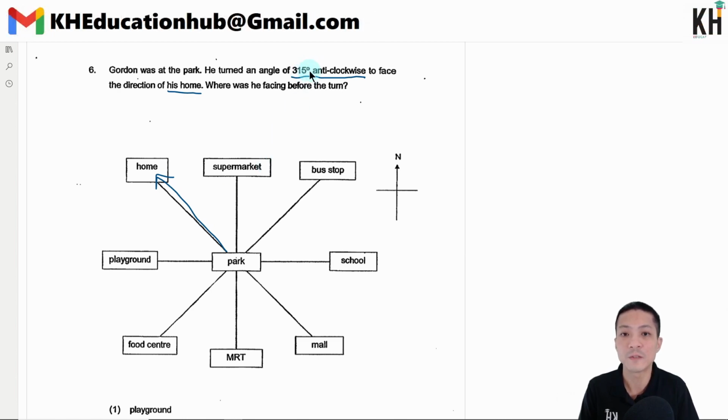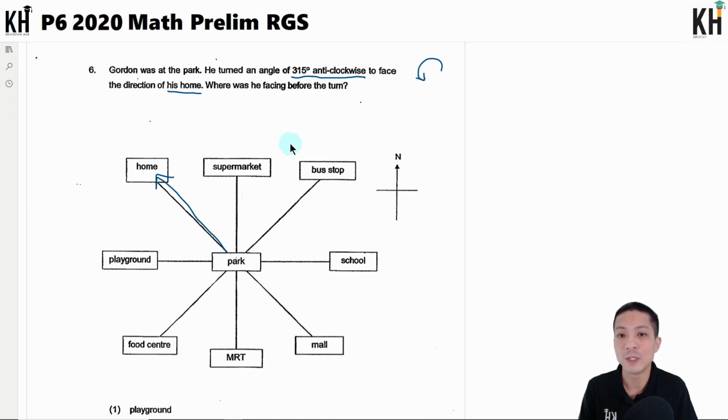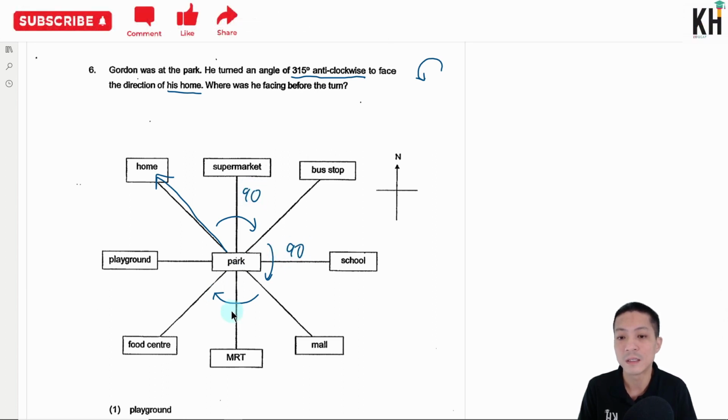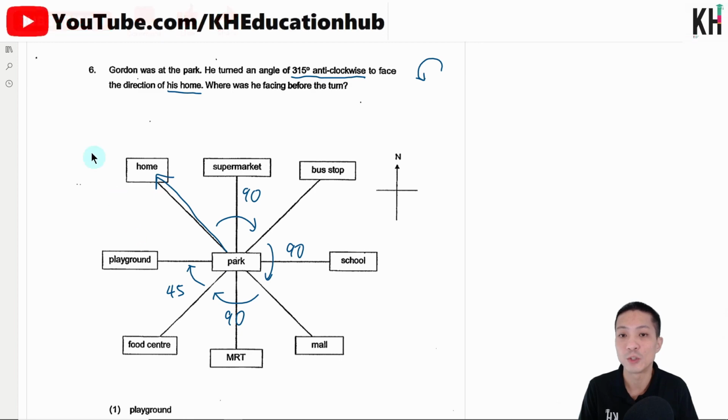If it is 315 degrees anti-clockwise, it is in this direction, so we're going to go clockwise. For 315, I'm going to go 90, 90, and 90 first. 90, 90, 90 will be 270, and 270 plus another 45 is 315.